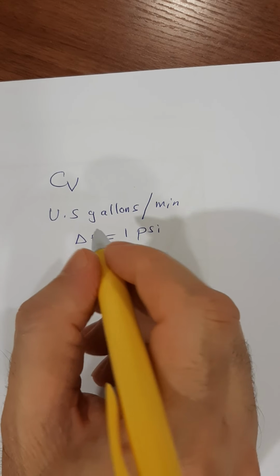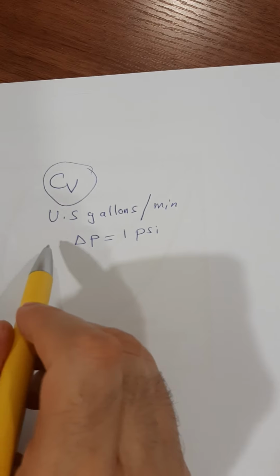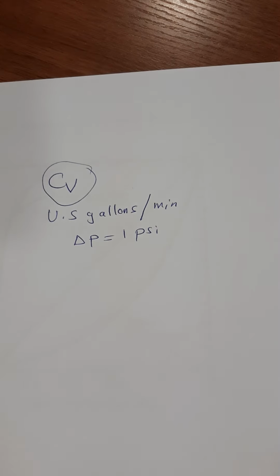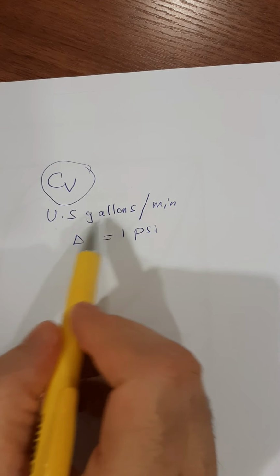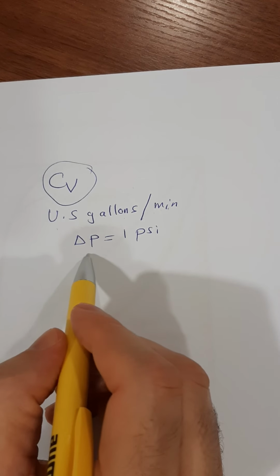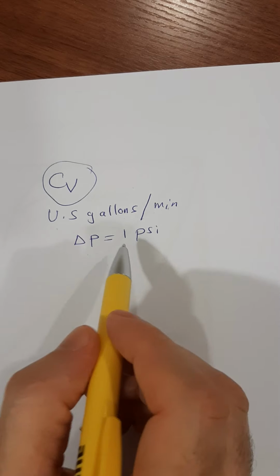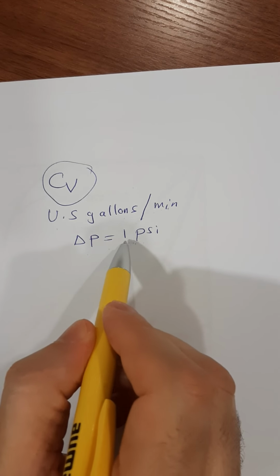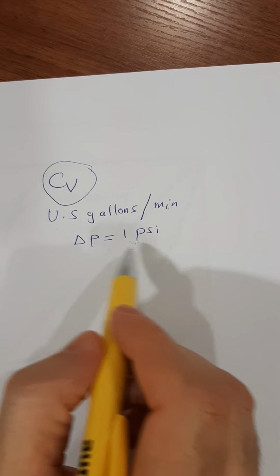So again, CV is defined as the number of US gallons per minute when the differential pressure, or the pressure difference across the valve, is equal to 1 psi. Then this is CV.